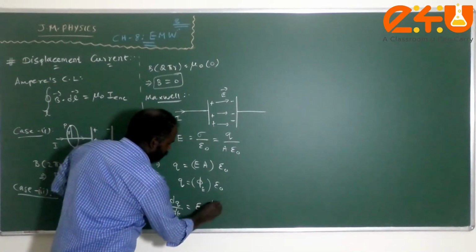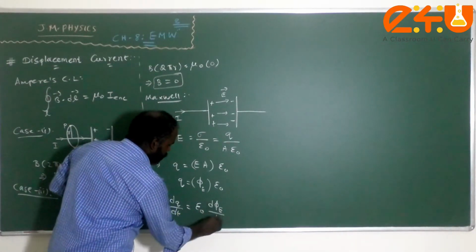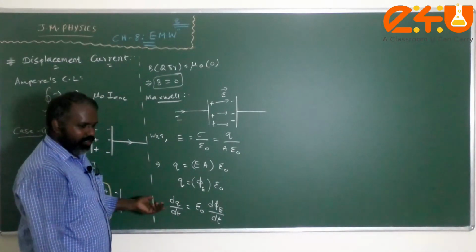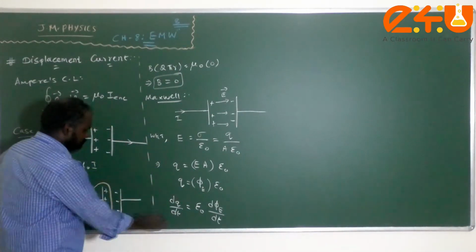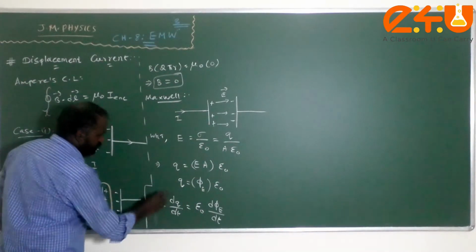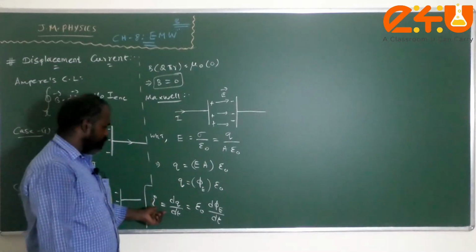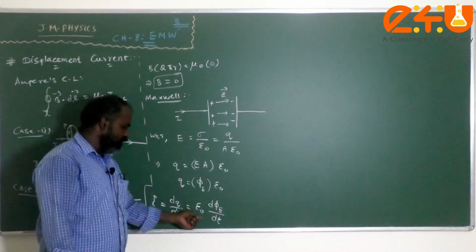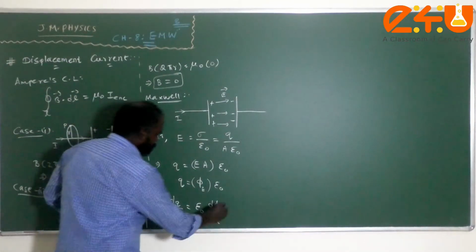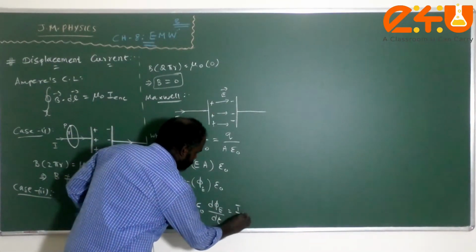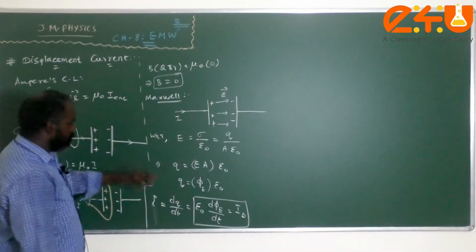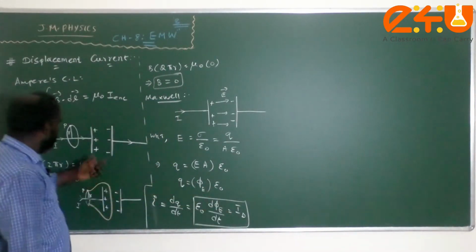We know that dq by dt is nothing but the current I. So I is equal to dq by dt, that is equal to epsilon naught d phi E by dt. And this term is called the displacement current by Maxwell, because the displacement current exists between the plates of the capacitor.